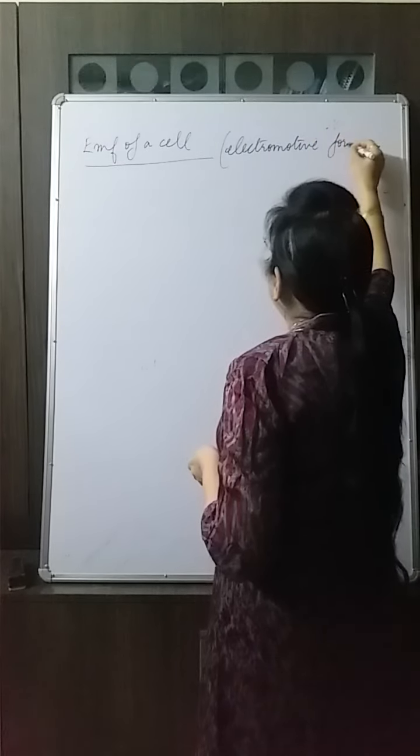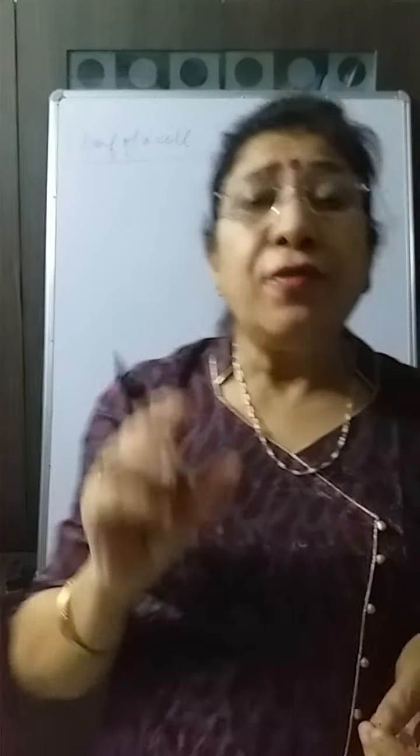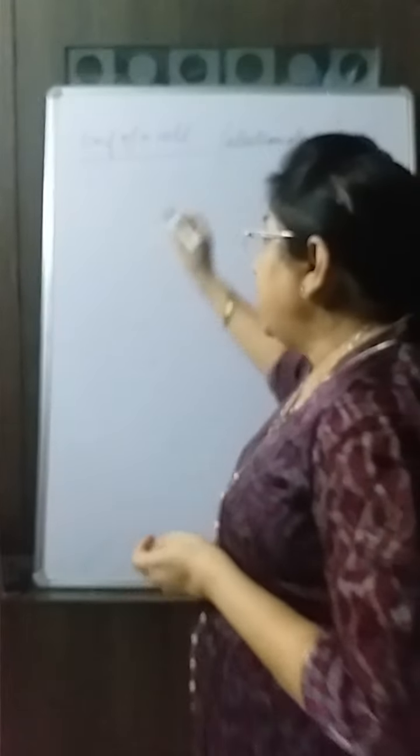Although the word being used is electromotive force, this is not a force, this is the potential difference. We can define EMF or the electromotive force of a cell as the potential difference across the two terminals of the cell when the cell is not in use, that is, when the cell is in open circuit.